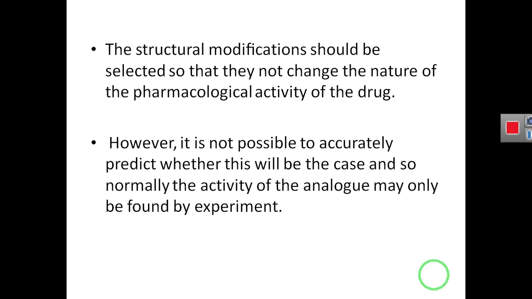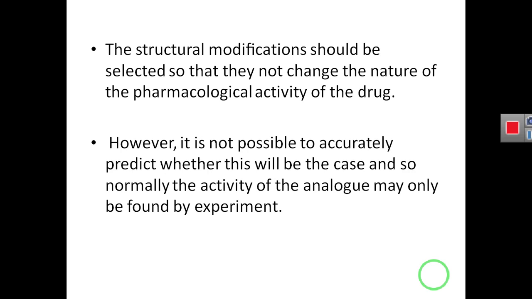So if you are making any structural changes in the drug, you have to keep in mind that your modification does not change the biological activity of the drug. And how can you identify that after your modification your drug has not lost its biological activity?